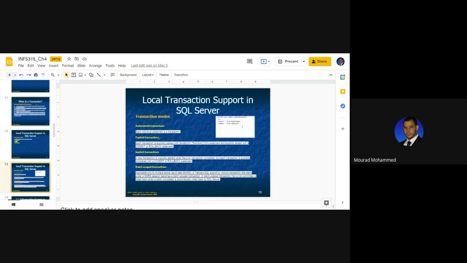The multiple active result sets is a scenario via which we can see nested transactions, and not only nested transactions. It's a scenario via which we can see a commit and a rollback more than one time in just one program. MARS, multiple active result sets. Remember that.